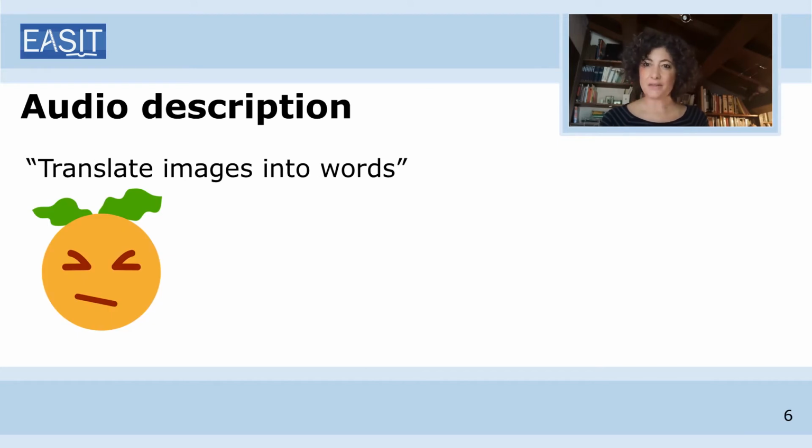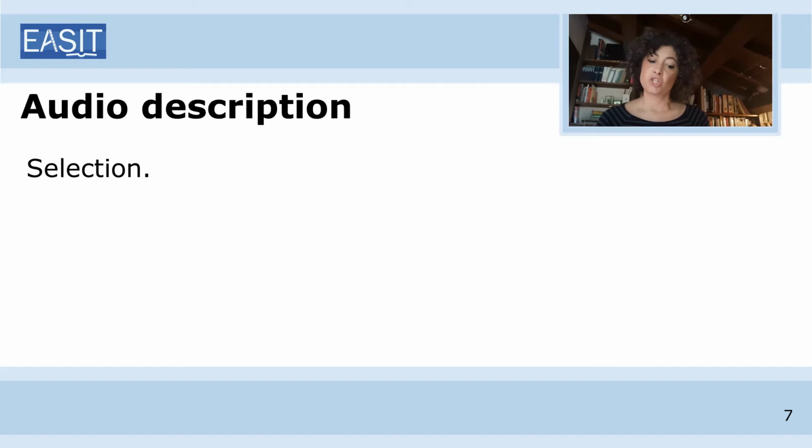These are in fact the components that sight-impaired users need to retrieve. However, saying that the task of the audio describer is to translate images into words is only partially correct. Doing so literally would be impossible without selecting the elements to describe based on the contribution they make to the overall meaning of the audiovisual product.